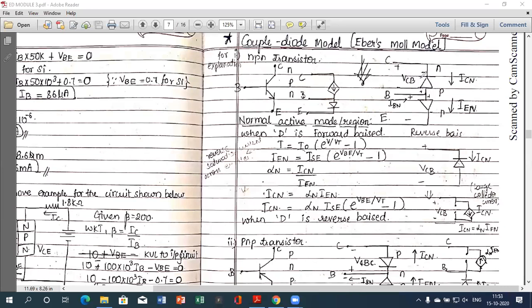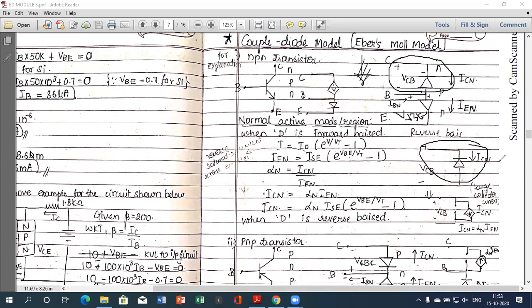Now, once we know these currents, these two are the voltages. One is the base to emitter voltage, we call it VBE, and another voltage between the collector and base, VCB, where VBE is positive because it is forward biased, and VCB is negative because it is reverse biased. Now let us consider this part of this diode, which is shown here.